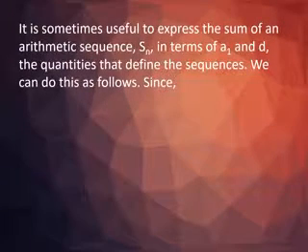It is sometimes useful to express the sum of an arithmetic sequence S sub n in terms of a sub 1 and d, the quantities that define the sequence. We can do this as follows.